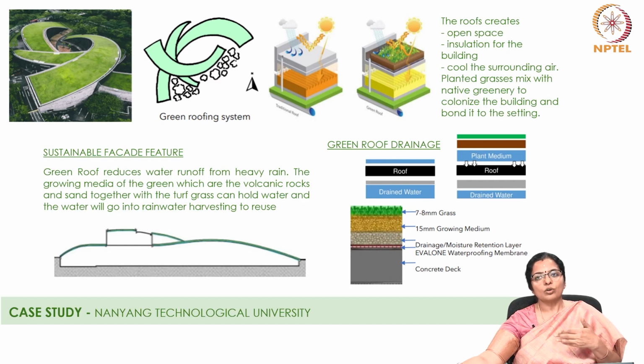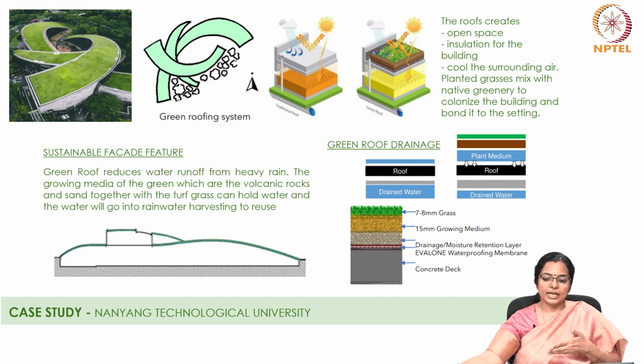The green roof also reduces water runoff from heavy rain. The growing media of the green roof, which are the volcanic rocks and sand, together with the turf grass, can hold water, and the water will go into rainwater harvesting to reuse it.